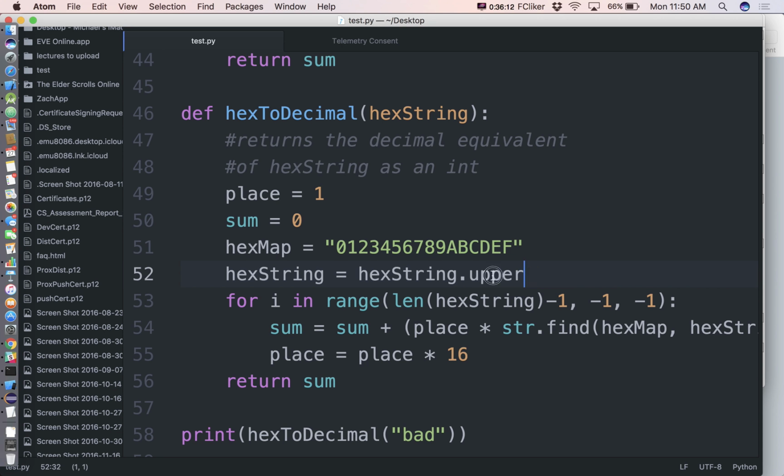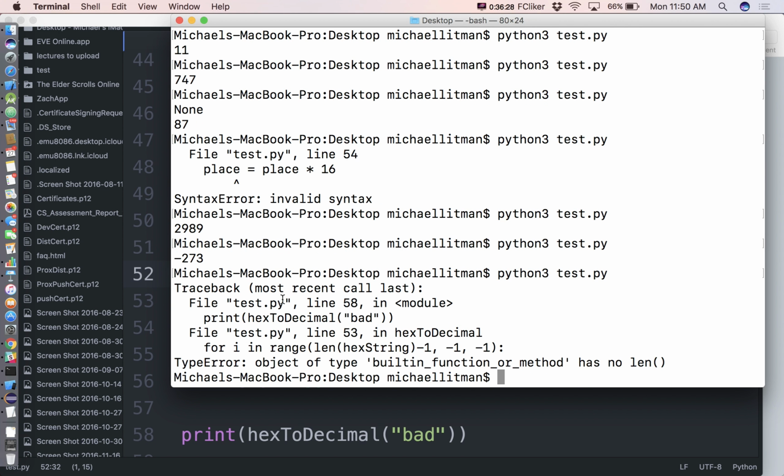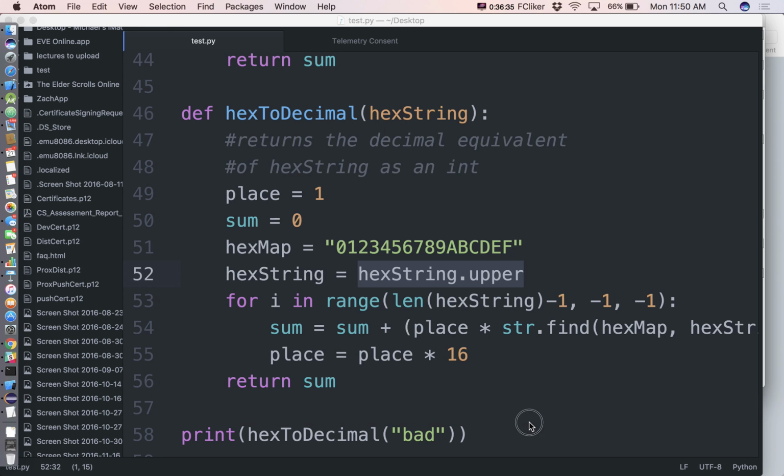So this happens to be another tool that exists, where this will give me the uppercase version of whatever hex string is, guaranteeing it's uppercase.